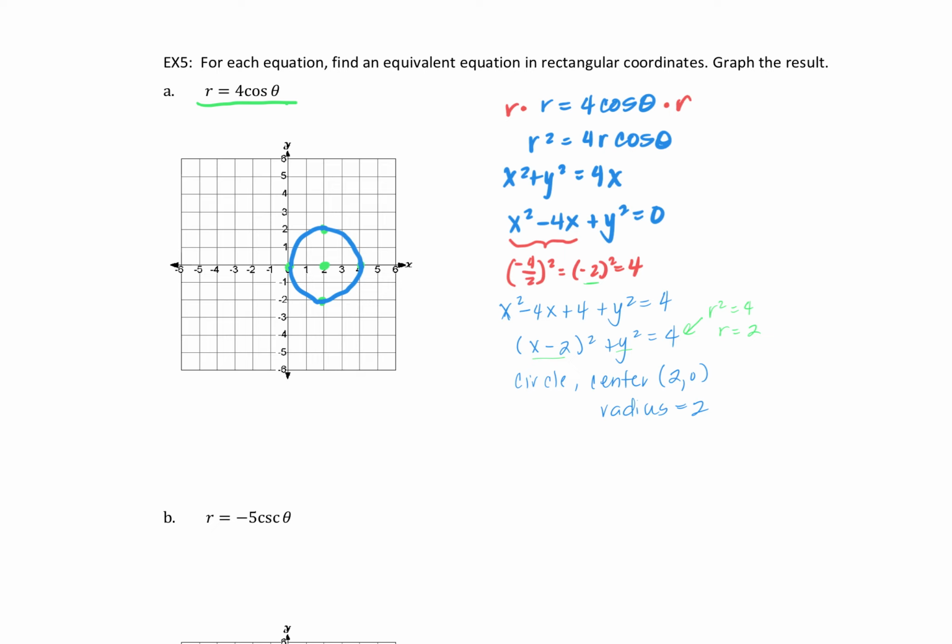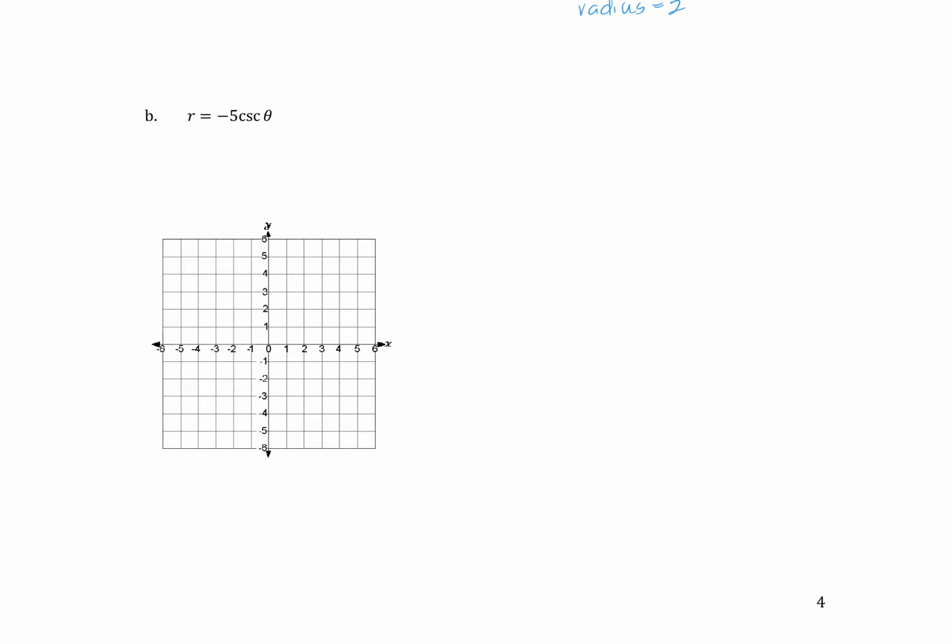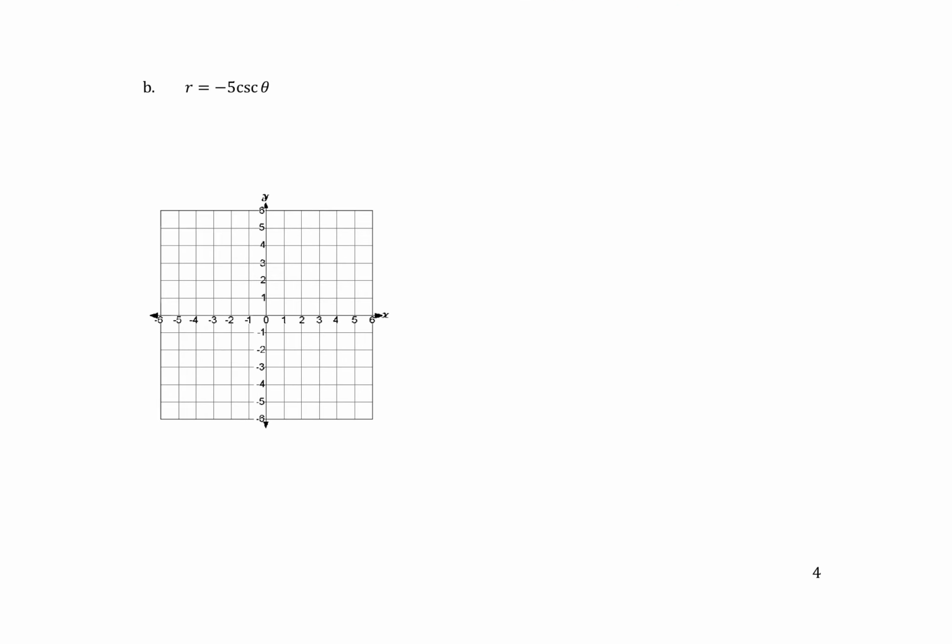If we go out 4 from the center, I have a point on my circle. So if this were graphing in polar, you could just put in different theta values and you would get the same points and you would get the same circle. Again, you could put those in Desmos to double check.